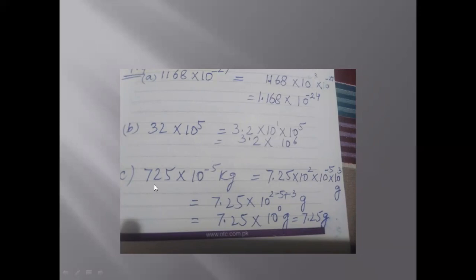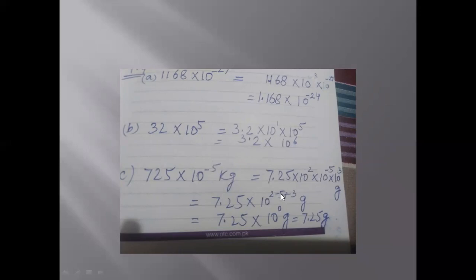Now in this 725, the point will take 2 jumps from the end of 5, it will go there, 7.25. And when the point moves from right to left, there will be a 2, because 2 jumps. And minus 5 was given in the question, and instead of kilo, I wrote 10 to the power 3.